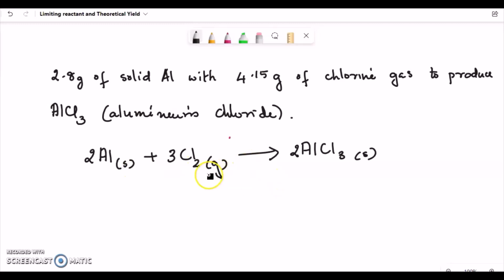Now, first what we have to do is to determine which is the limiting reactant. Step 1. Determine the limiting reactant.